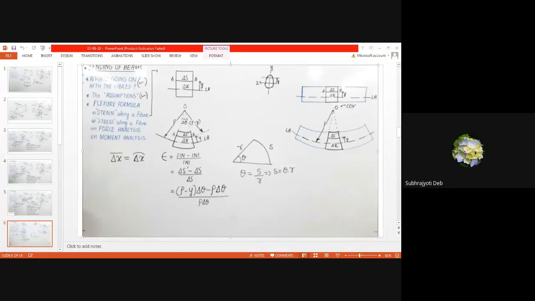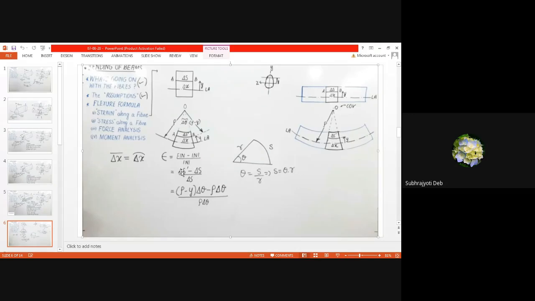That means change in dimension divided by original dimension, and it is represented by epsilon. So your strain is final minus initial divided by initial. This is the change in dimension divided by the original dimension.